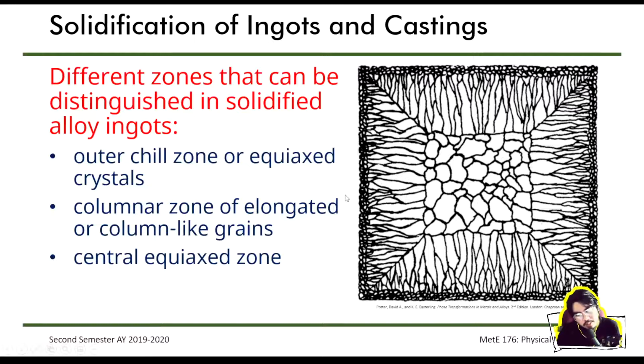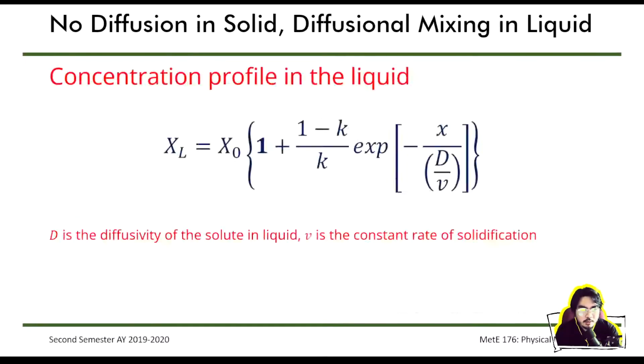So this is a sort of complicated topic, on how the microstructures are formed based on the solidification mechanism. The essential thing here is to understand that no one condition is predominant.